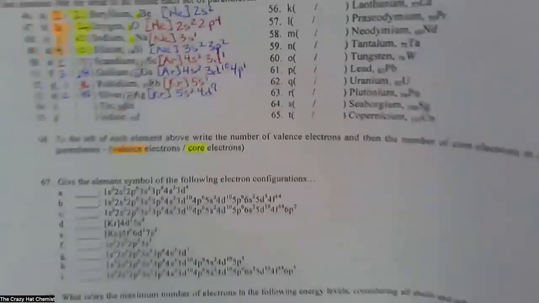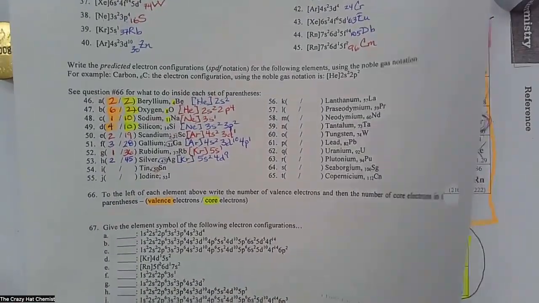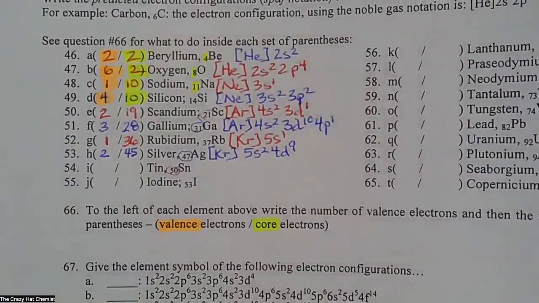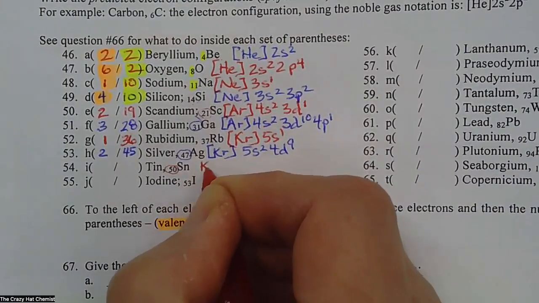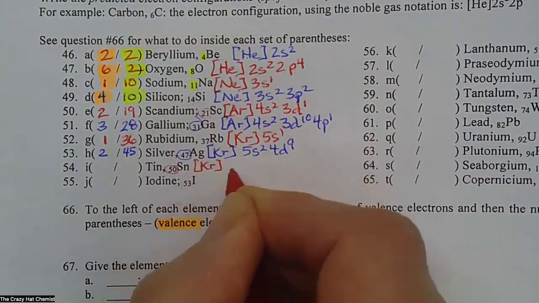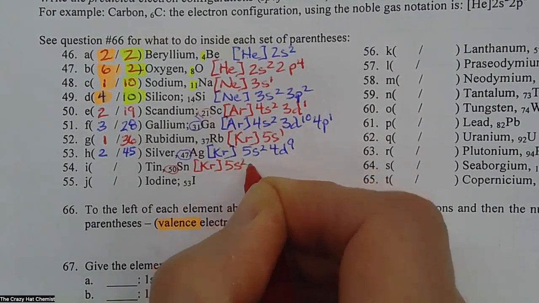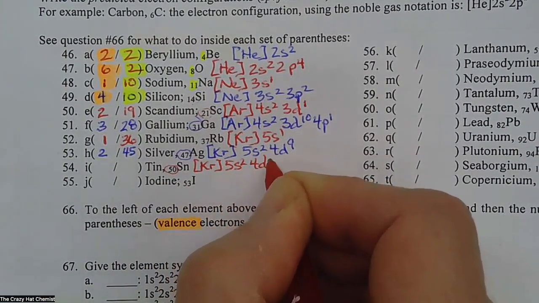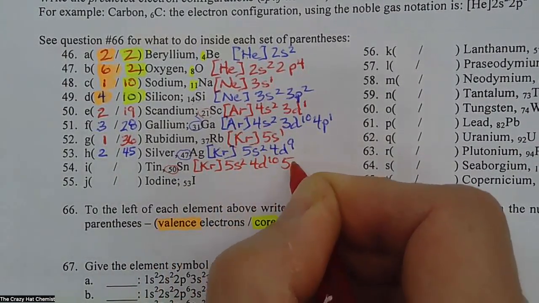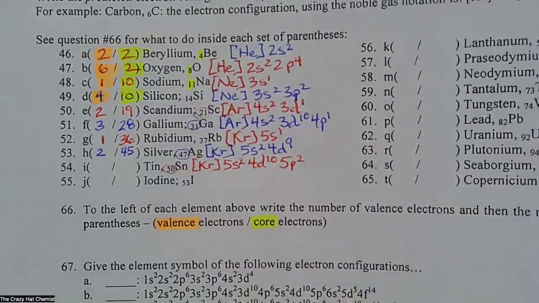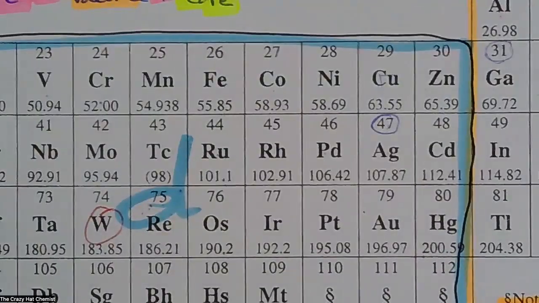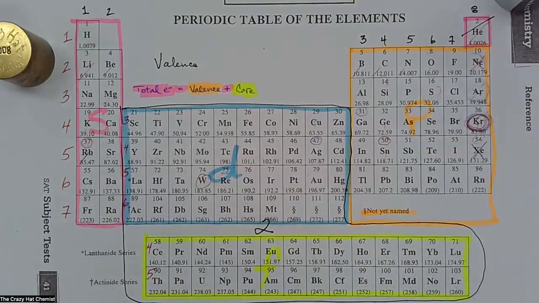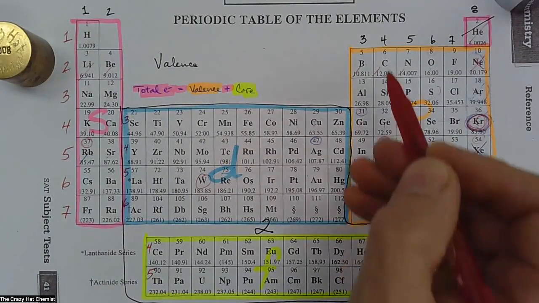So krypton, and let's zoom in on this so you can see this. So krypton in brackets, and then 5s2, 4d10, and 5p2.